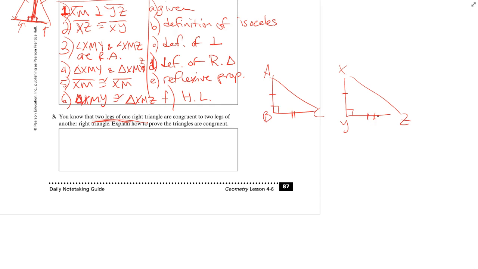Yeah, you can. You didn't have to use HL. You have side, angle, side. So just because we're using right triangles doesn't mean we are limited to only using the HL theorem.